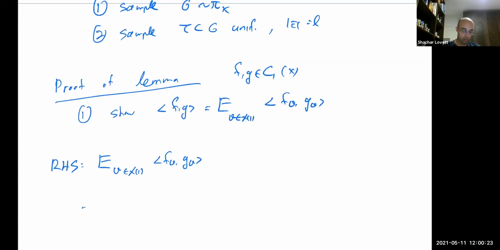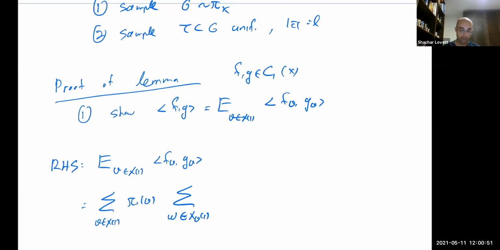Well, for the expectation over V, we sum over all V in X1 times its probability, which is pi1 of V. And then we take the inner product of FV and GV over the link of V. So it's going to be the sum of all nodes W that are in XV1, all the nodes that are adjacent to V, of what?